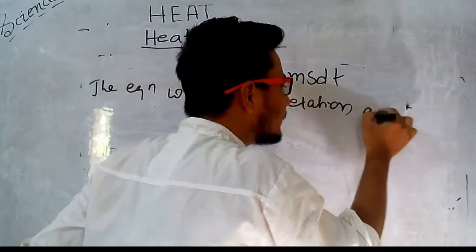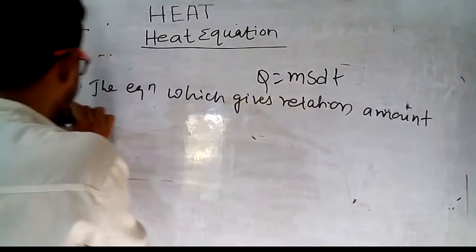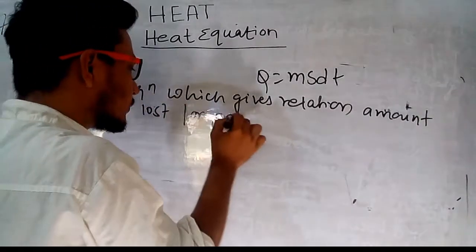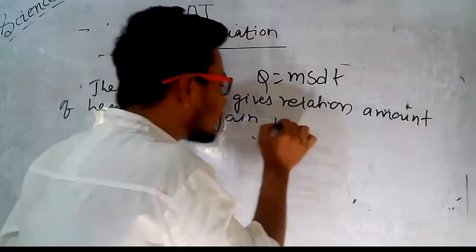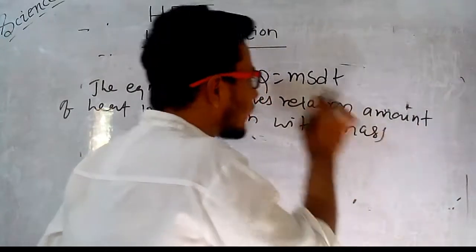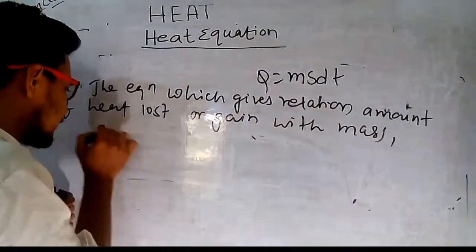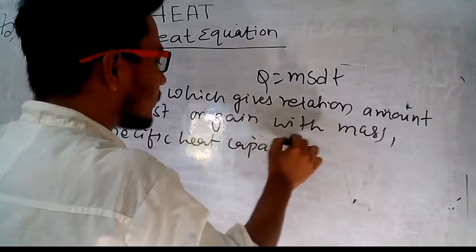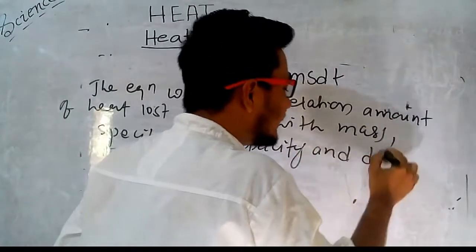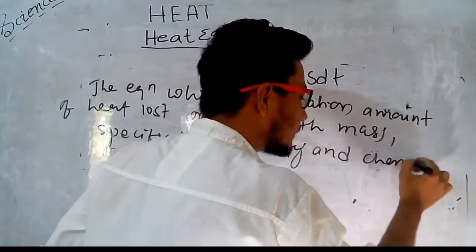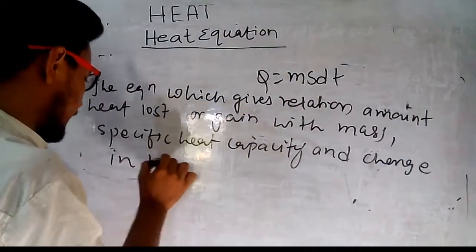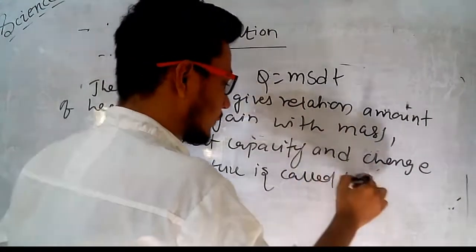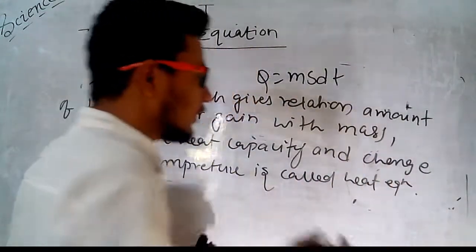The amount of heat lost or gained, with mass, where m means mass, s means specific heat capacity, and dT means change in temperature, is called the heat equation.